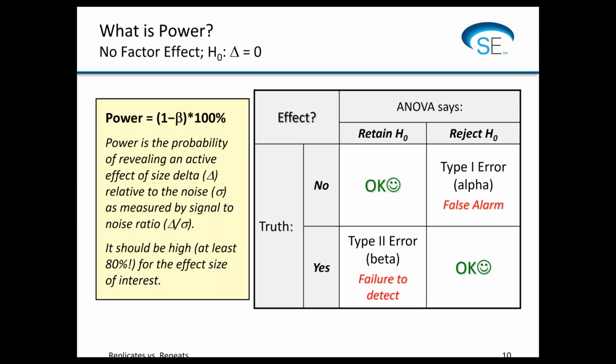Now, we want to make sure that if we're running the DOE and there's a real effect, we'd like to be able to find that effect. So we want the power to be high, at least 80% for experimental work.